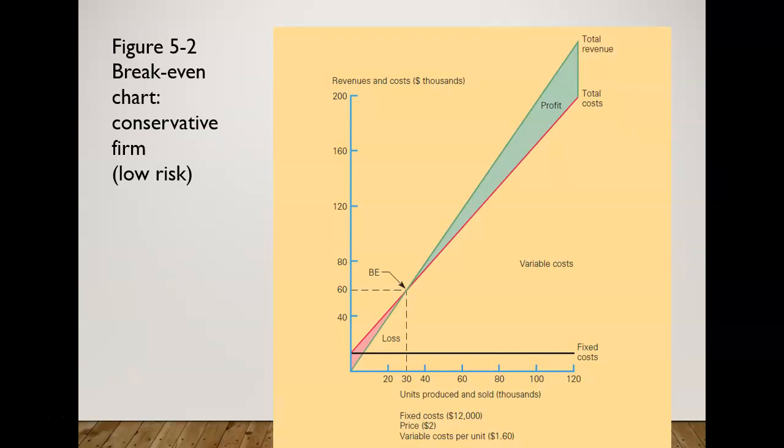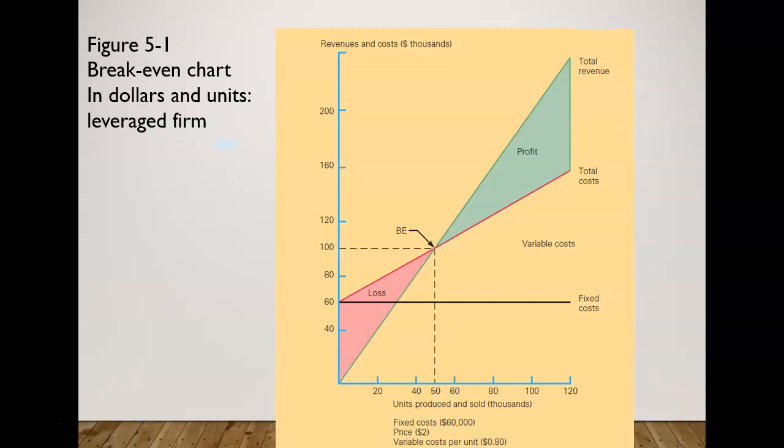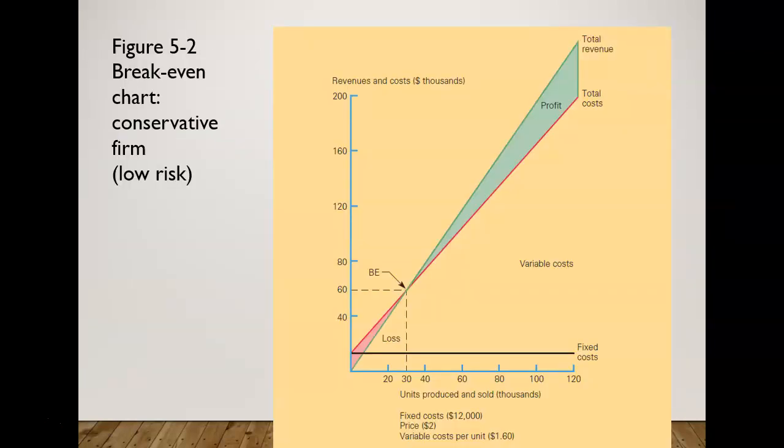The area shaded in green represents profit, and you can see that if the firm takes more risk and it's good times, then that firm will be able to do much better than a more conservative firm that didn't take all that risk, but the more conservative firm would be better able to work itself through difficult times.